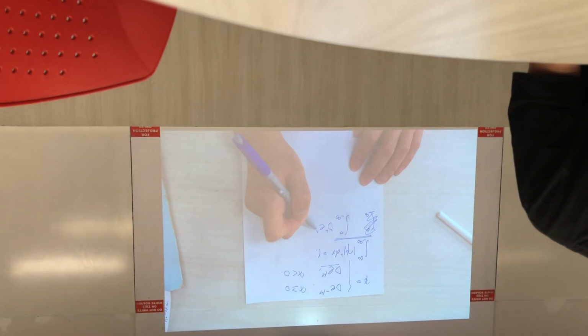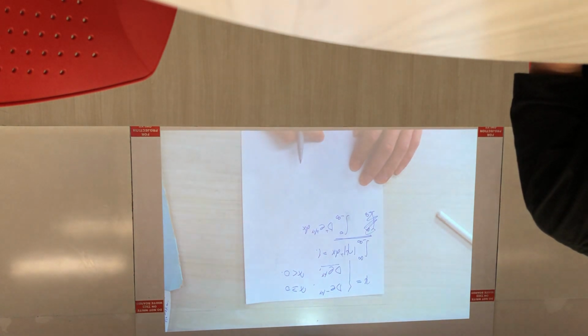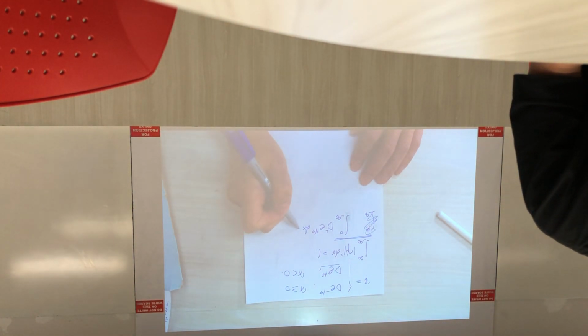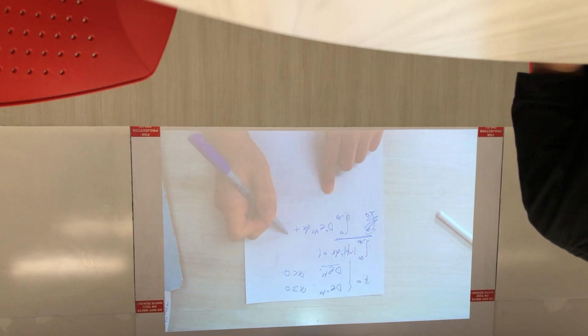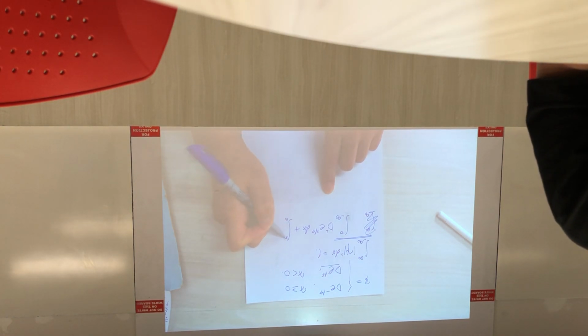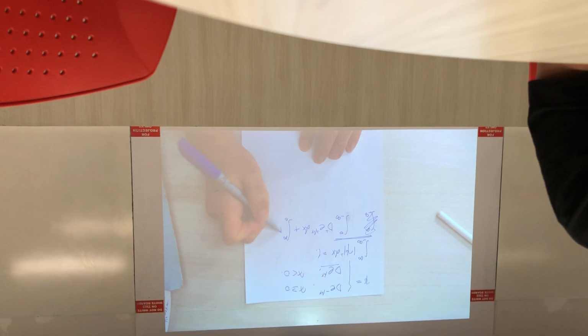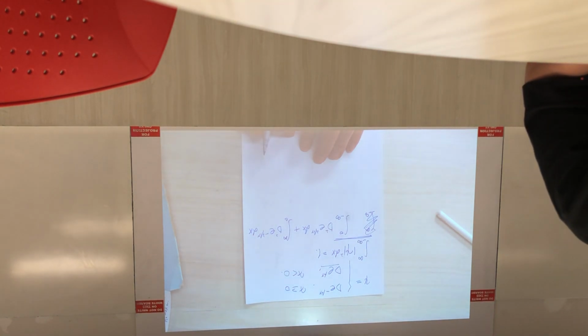In the negative region, we have the integral of d square exponential 2 beta x dx. And for the positive region, this becomes the integral from 0 to infinity of d square exponential minus 2 beta x dx. So let's do this integration.